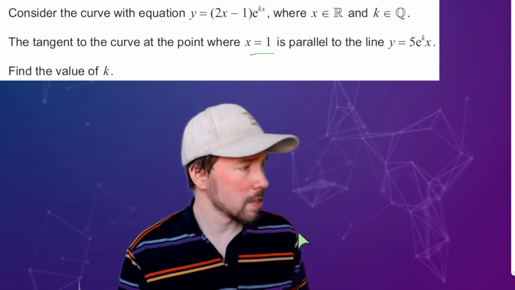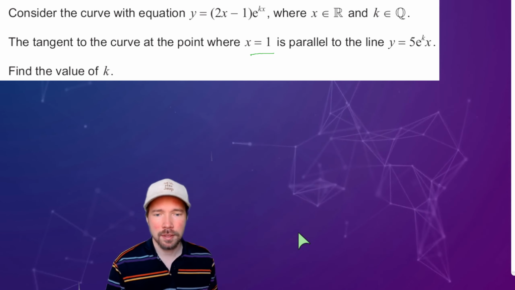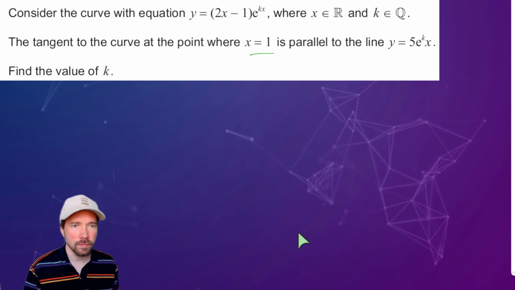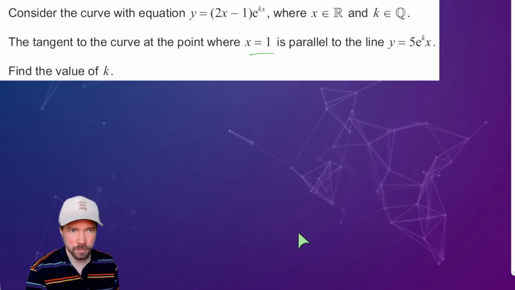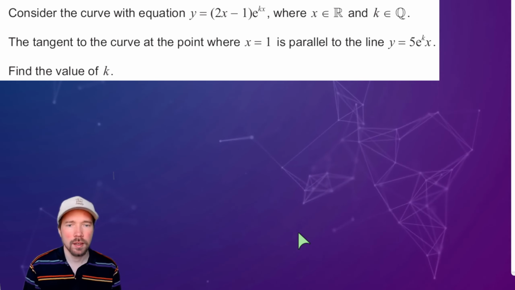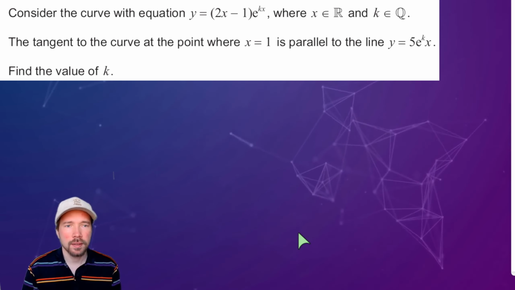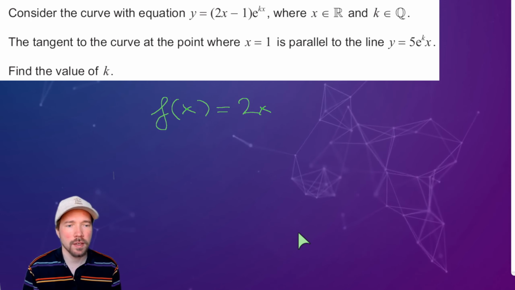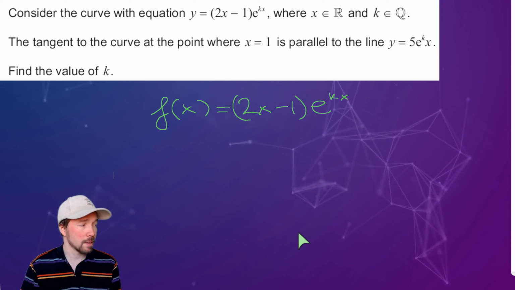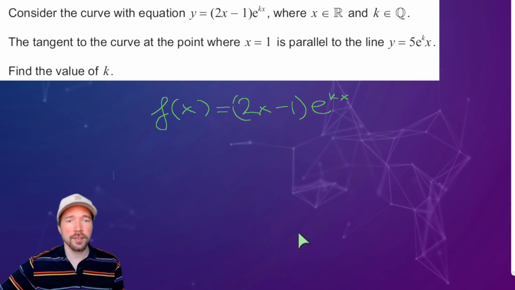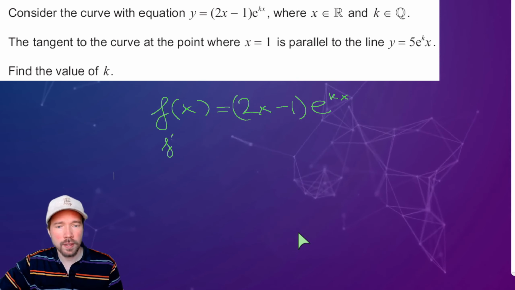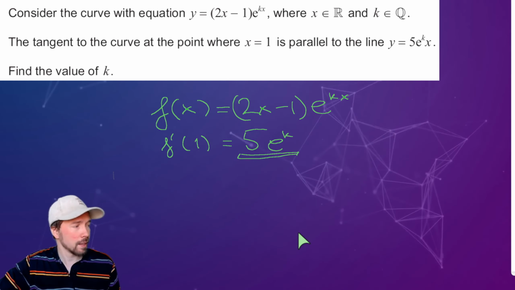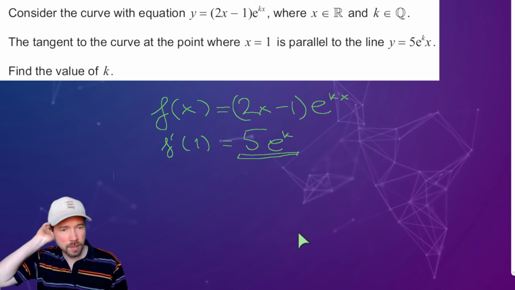So what we know is that if we define this function f(x) = (2x - 1)e^(kx), this is the function whose graph is the curve in question, and we know that the derivative at 1 equals 5e to power k, because this is the slope of that line there, which is the same as the derivative.